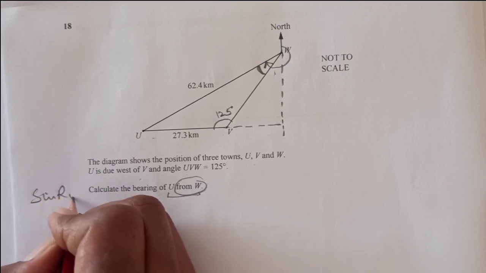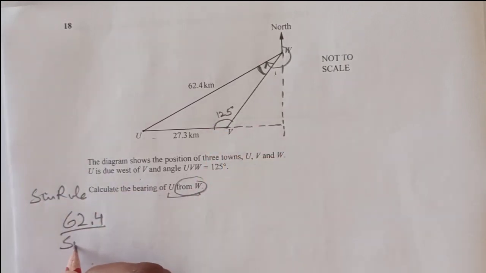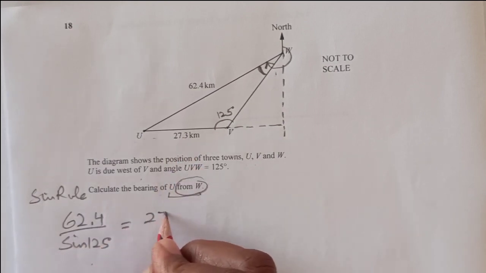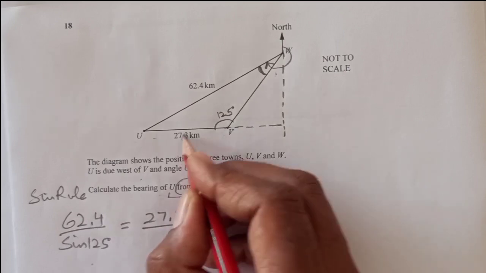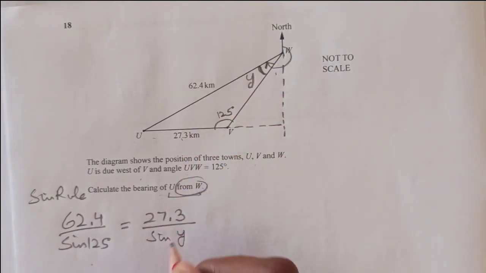By sine rule, 62.4 over sine 125 equals 27.3 over this angle. Let's say this is y. I'm writing it as sine y, right?